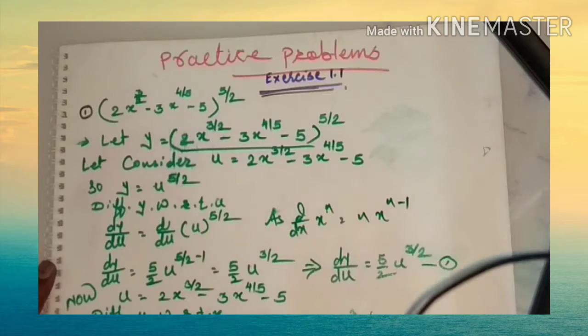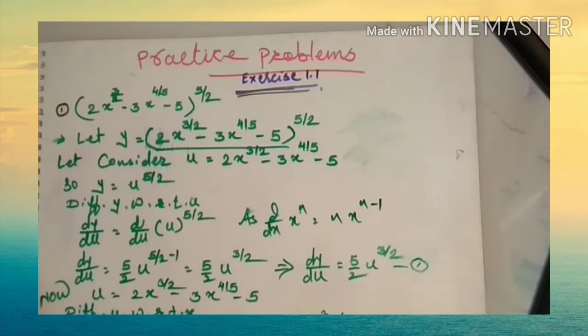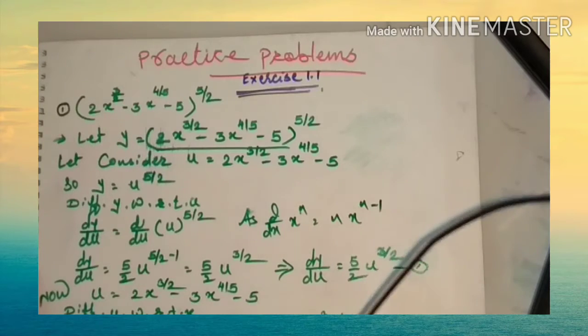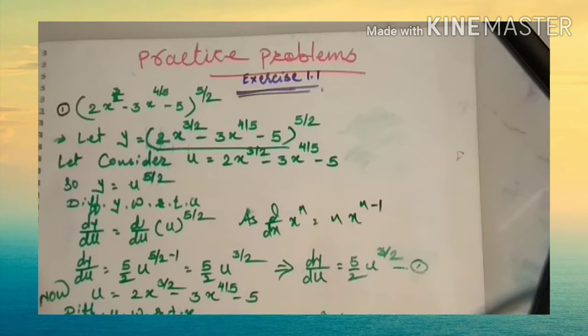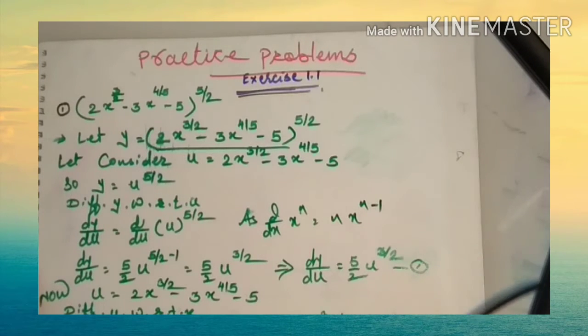Okay, minus this 3 will turn as it is, x raised to 4, see, this 4 by 5 will come front. Okay, x raised to 4 by 5 minus 1. Okay, minus derivative of 5.